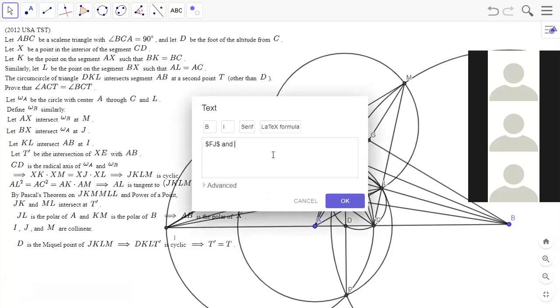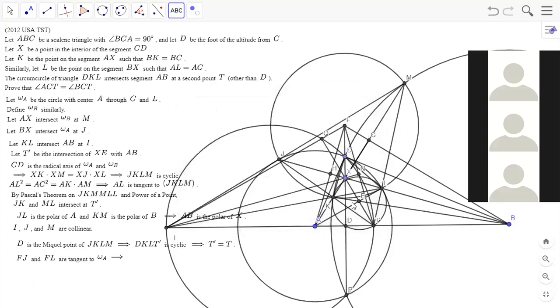FJ and FL are tangent to omega A. So that means that FXCP is harmonic.